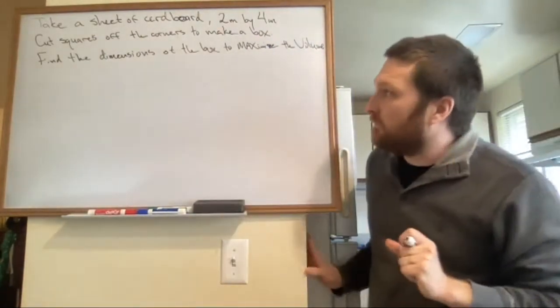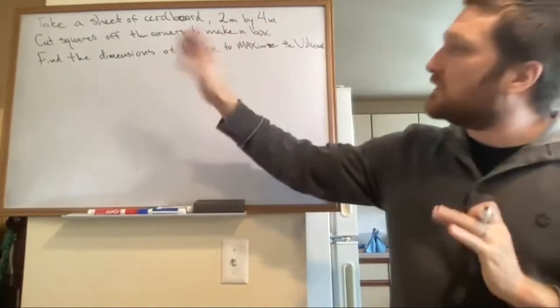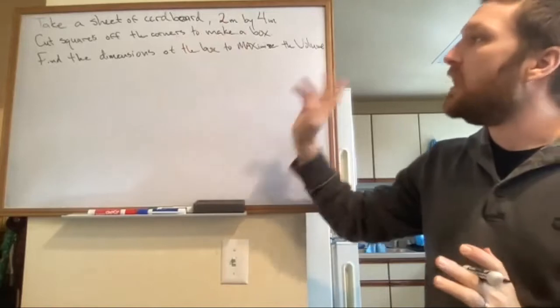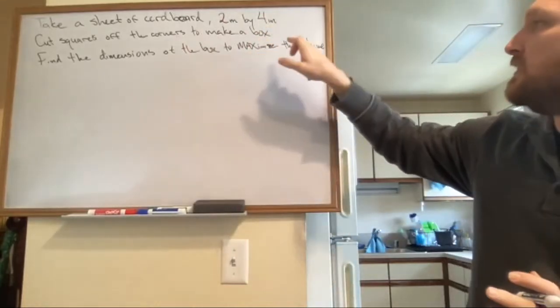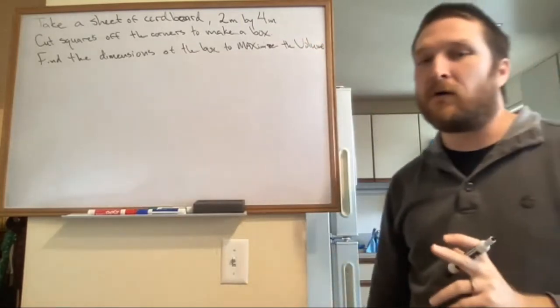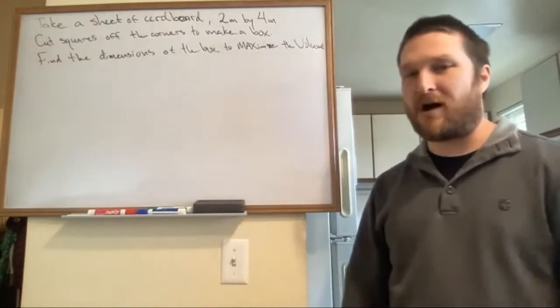Okay, so I'm reading this and see, okay, take a sheet of cardboard, cut squares off the corners and make a box. Find the dimensions of the box which maximize the volume. I know from right there that we are talking about an optimization problem.